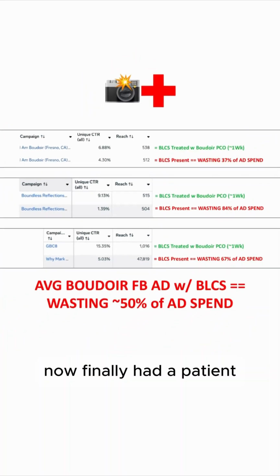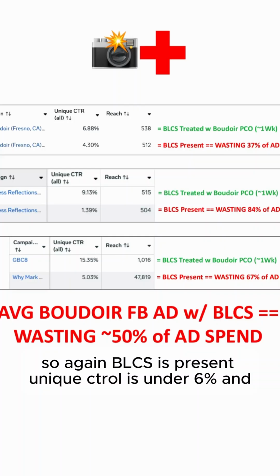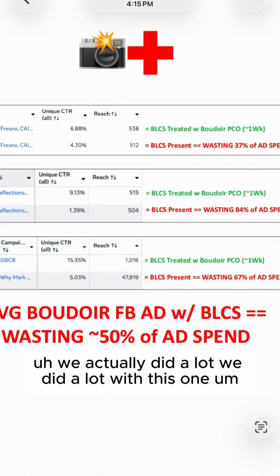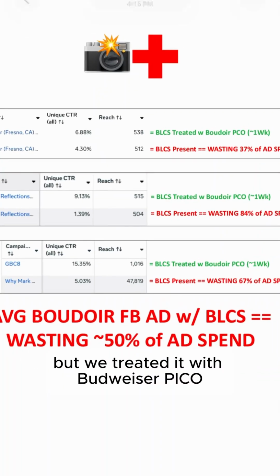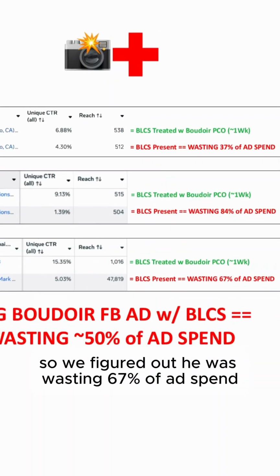Now, finally, had a patient, his Boudoir Facebook ad had a unique CTR all of 5.03%. So again, BLCS is present, unique CTR all is under 6%. And we did a lot with this one, but we treated it with Boudoir Pico. Took about a week. We got the unique CTR all up to 15.35%. So we figured out he was wasting 67% of ad spend.